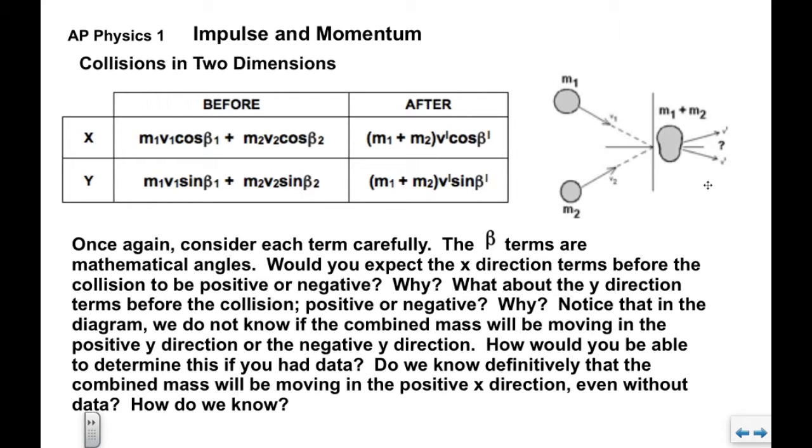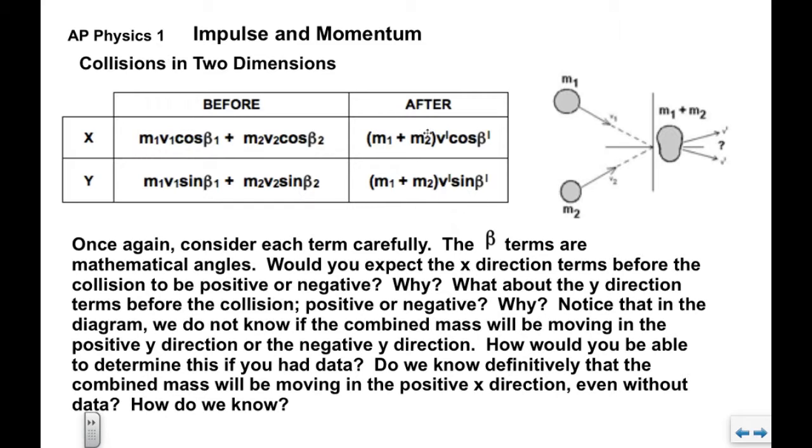But as far as up and down, we don't know, because with no data, we don't know which of these y components would have the greater magnitude. Whichever one does, that's the one that would win effectively. If m2's y component is bigger, it would be moving up afterwards. If m1's y component were bigger, it would be moving down afterwards. Okay?